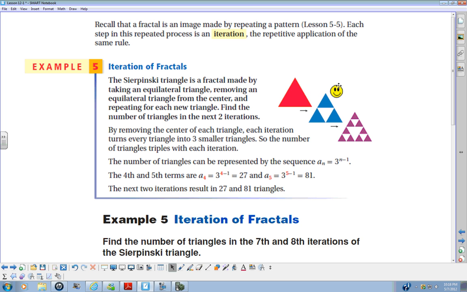So then we cut the hole out of the middle of each of those triangles. So we take each of this triangle here, and this one here, and this one here, and we made each of those into 3. So I have had 1 triangle, and then 3, and then we have 9. So what happens each time is we're multiplying by 3, which means that we have an exponential.